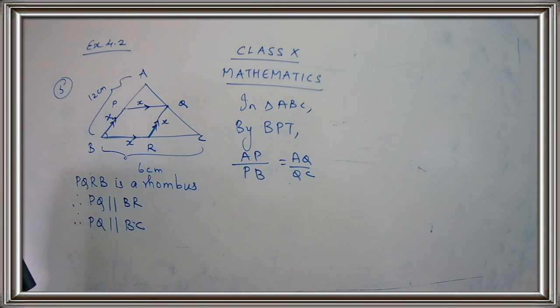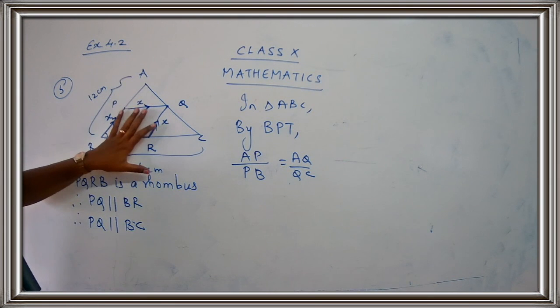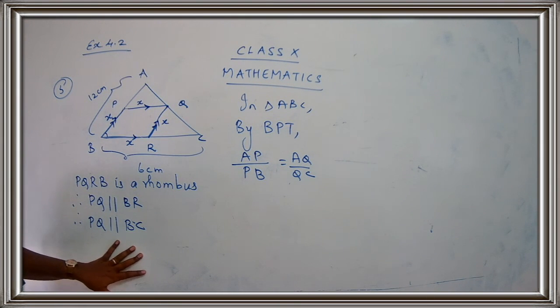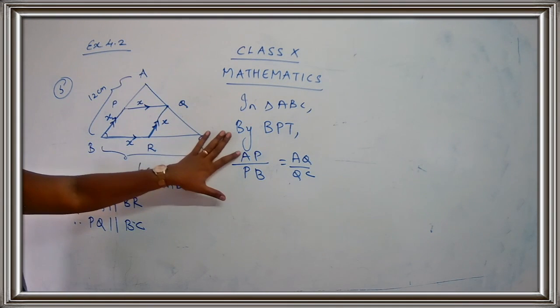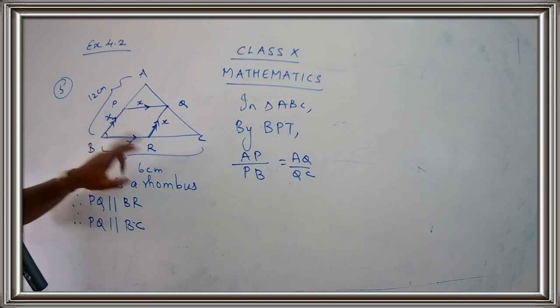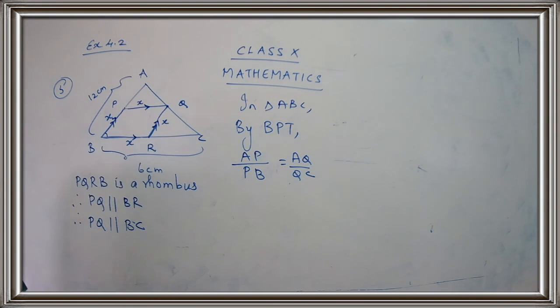Clear till here? We are going slow, not fast. So we have taken a rhombus, then the first set of parallel lines, and we apply BPT. I get AP upon PB is equal to AQ upon QC. Still we have not finished, children. We have one more step to follow.